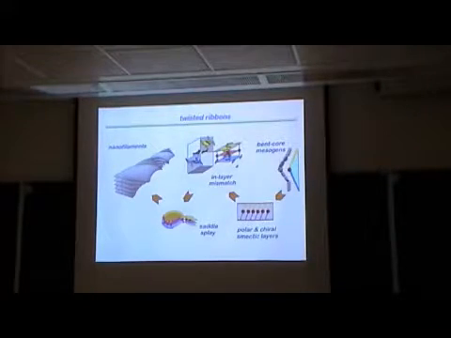So a twisted ribbon has saddle splay curvature that's maximum in the middle along the axis.